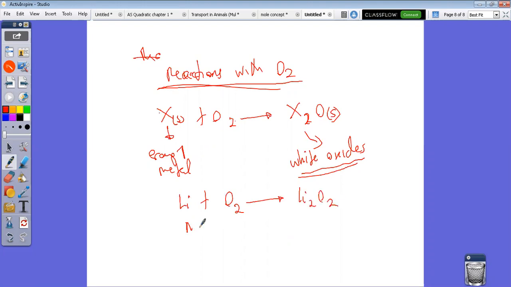If it's sodium, sodium plus oxygen, I'm forming sodium oxide. If it's potassium, that's how easy the topic is, it's potassium oxide. Are we together? That's how the group 1 oxides are. Clear?